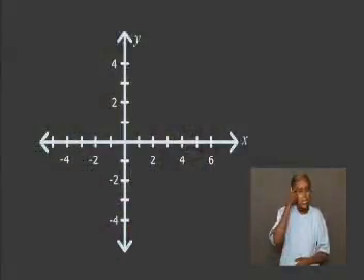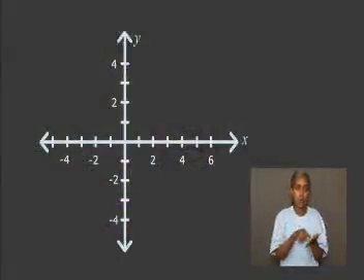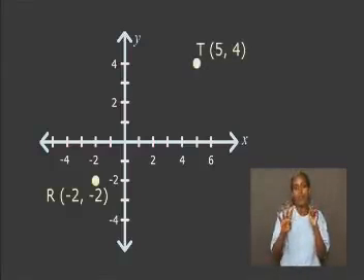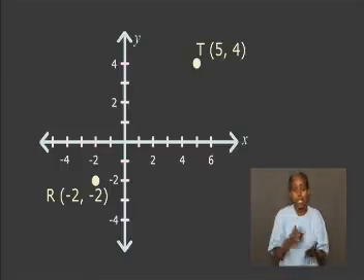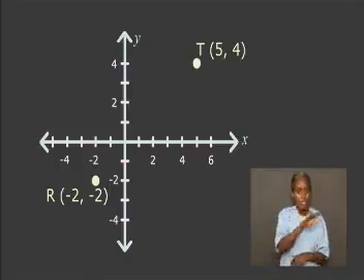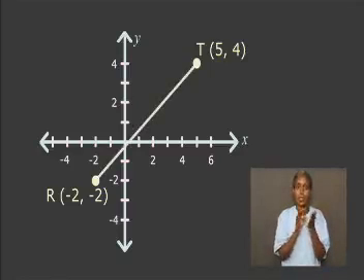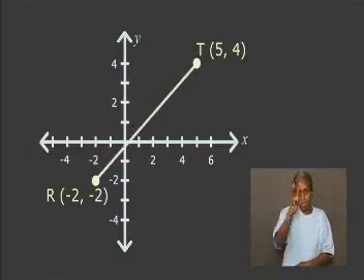Suppose that R is a point at -2, -2, and T is a point at 5, 4. These points do not have an x or a y coordinate in common. A line drawn between them is neither vertical nor horizontal.